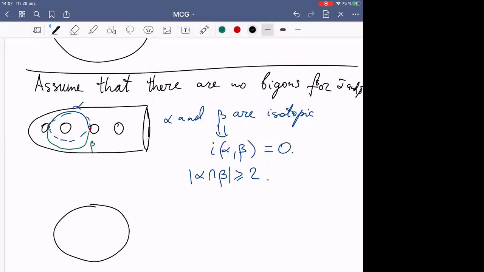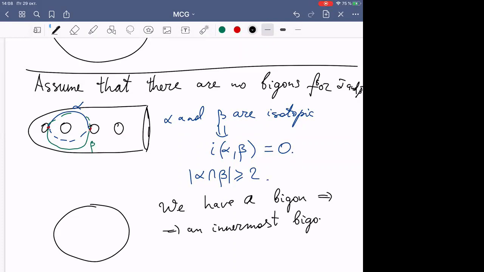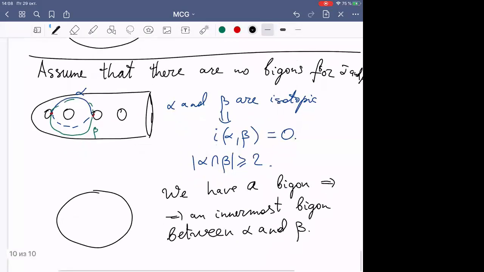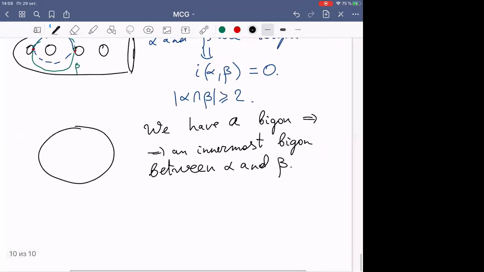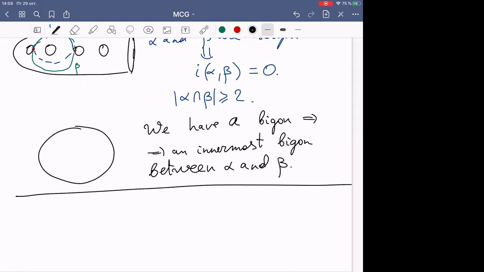So we have a bigon upstairs, and hence an innermost bigon between alpha and beta. Well, look how this bigon can look.